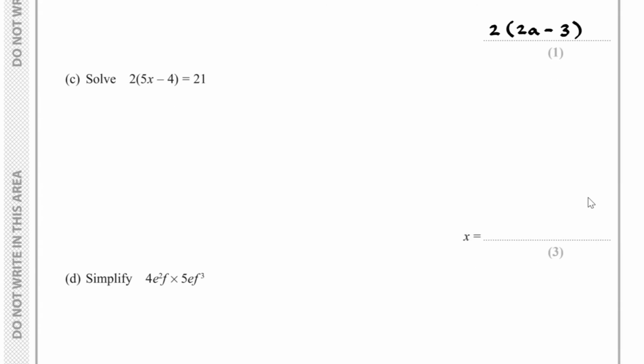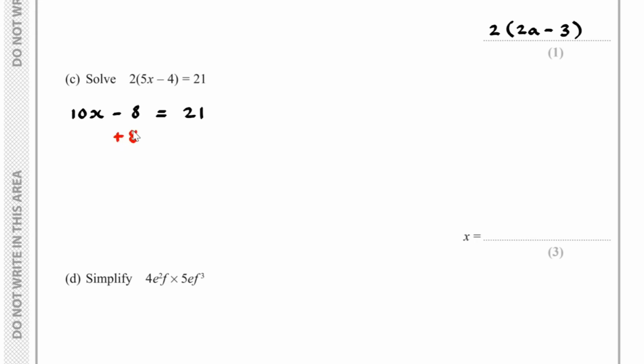Part C, we have to solve 2 multiplied by 5x minus 4 equals 21. Let's expand the brackets. 2 times 5x is 10x, 2 times negative 4 is negative 8, and this is equal to 21.